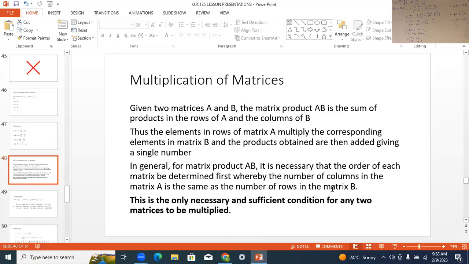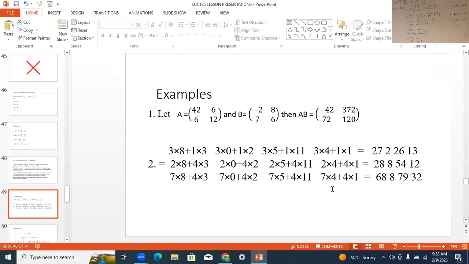The number of columns in the first matrix A must equal the number of rows in matrix B for this to be possible. So this is the necessary and sufficient condition for any two matrices to be multiplied. For us to perform matrix multiplication, we must check for this necessary and sufficient condition before we proceed. Let us explain this further before we look at examples. Check that.